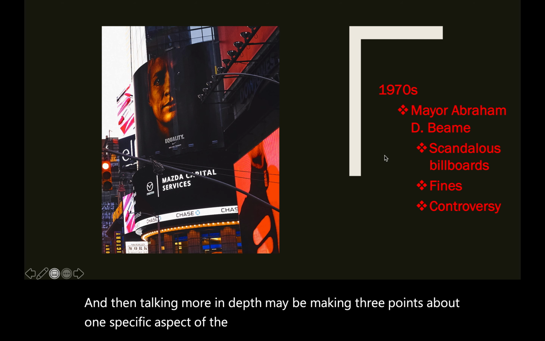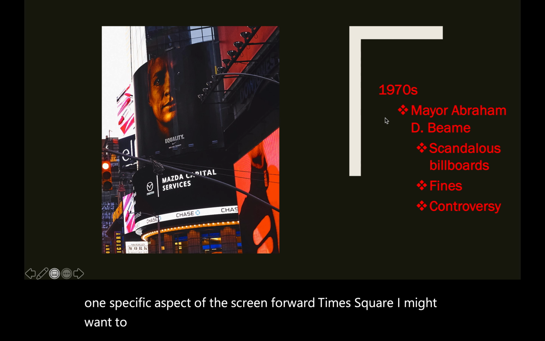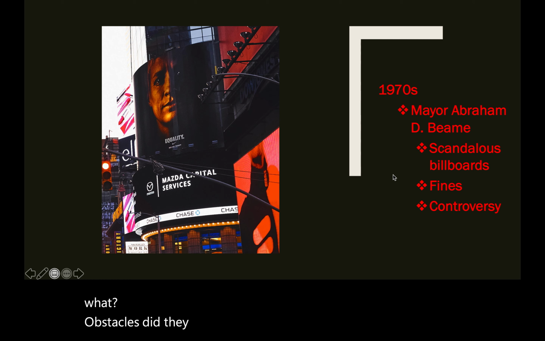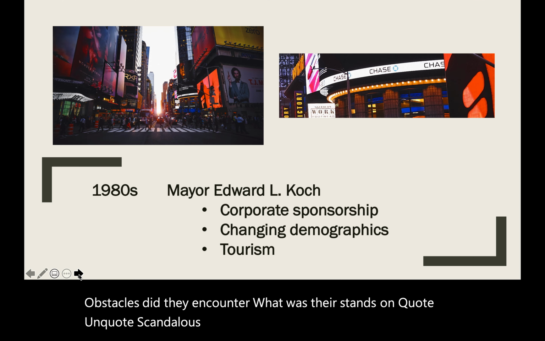For Times Square, I might want to talk about who was one of the mayors during the 1970s, what obstacles did they encounter, what was their stance on quote-unquote scandalous billboards, etc.